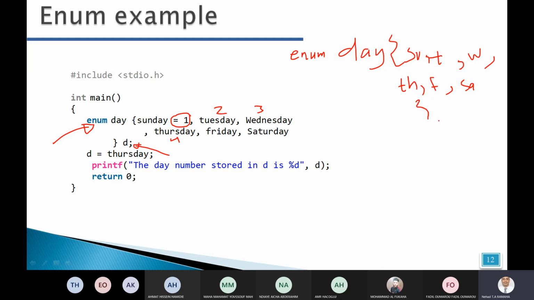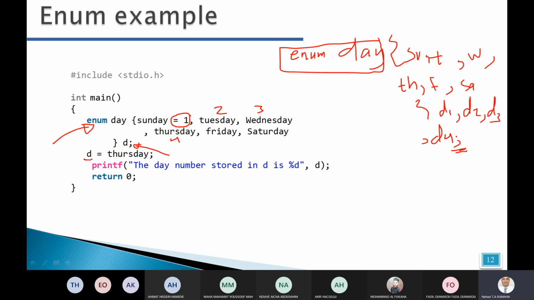Now we can define variables D1, comma D2, comma D3, comma D4. Then you have the semicolon. So now we have variables D1, D2, D3, D4 from the type enum day on the same line like this.